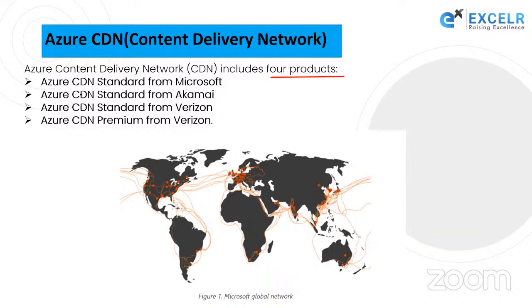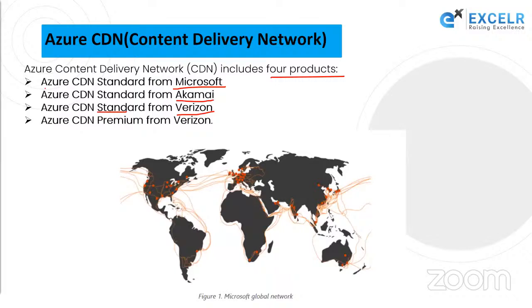One is Azure CDN from Microsoft. Then it uses the Akamai CDN network. There's a company called Akamai, which is the leading CDN content provider in the world. Then it also uses Verizon, which also provides the CDN facility. There are 2 flavors, one is standard, one is premium.